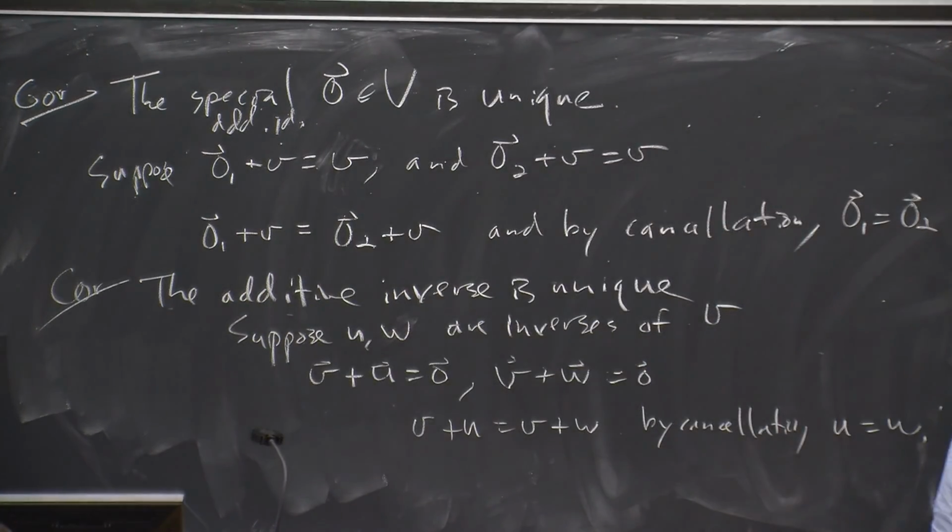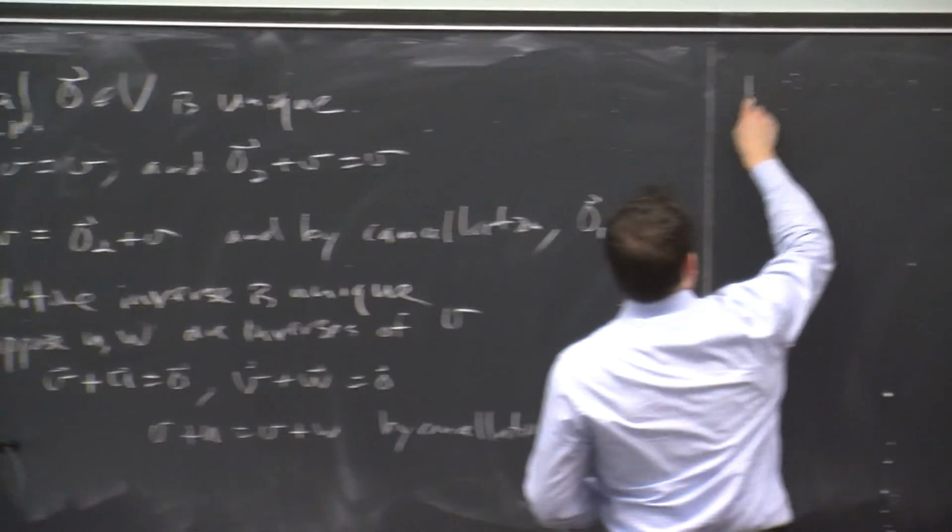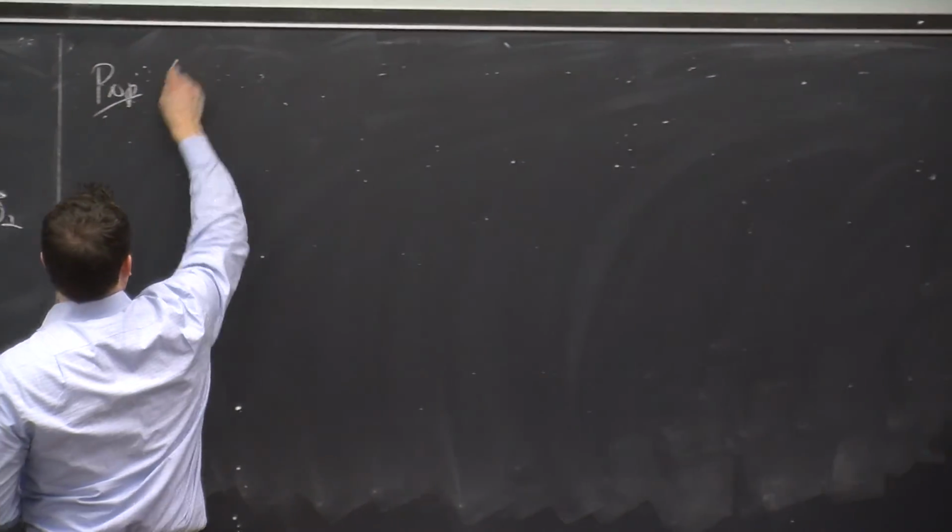Let's continue in the last 8 minutes proving a couple of further easy things. Of course, with all these type of things, there's usually more than one way to prove it, so we're just picking one way. So let's make this a proposition.